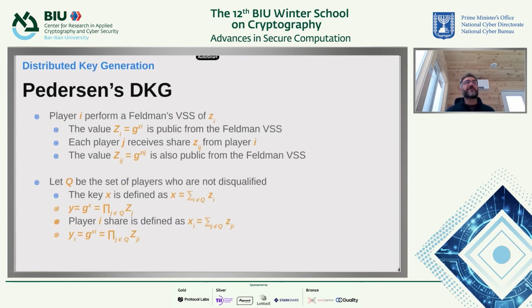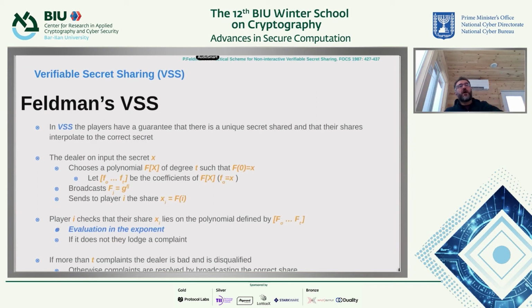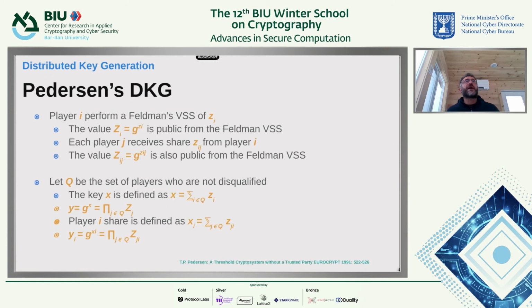And Feldman VSS is the base of the first DKG that appeared in the literature, which is Pedersen DKG. What Pedersen DKG does is basically n Feldman VSS in parallel. So every player i performs a sharing of a random value z_i. And because it's a Feldman VSS, the value g to the z_i is public.